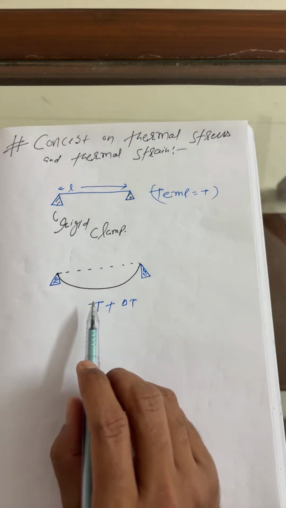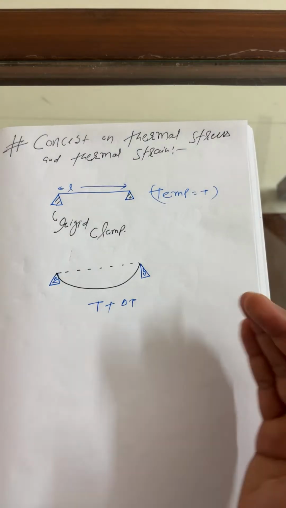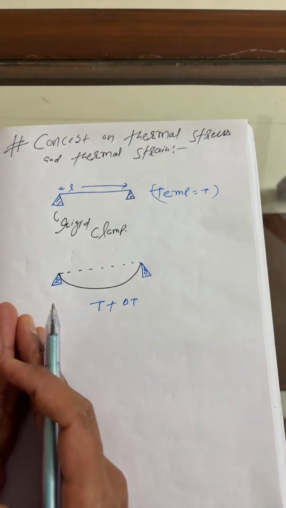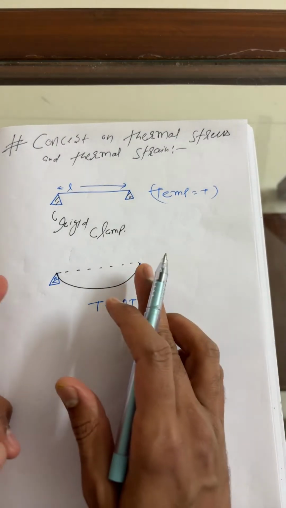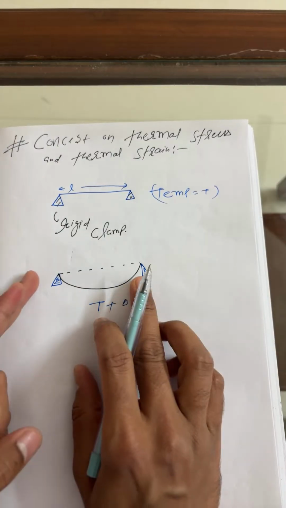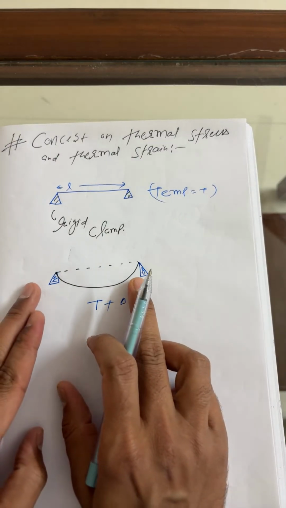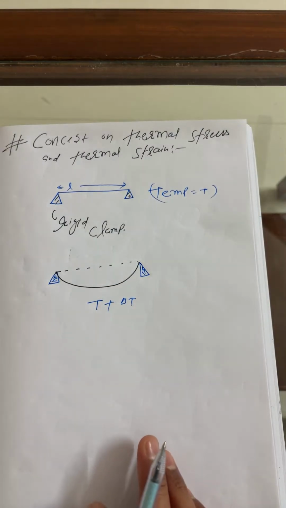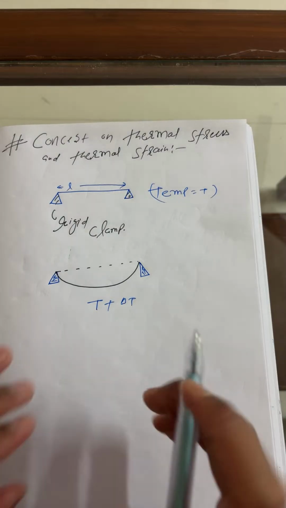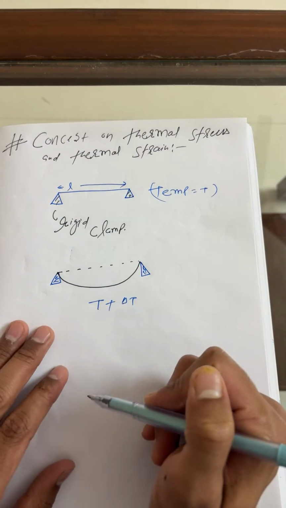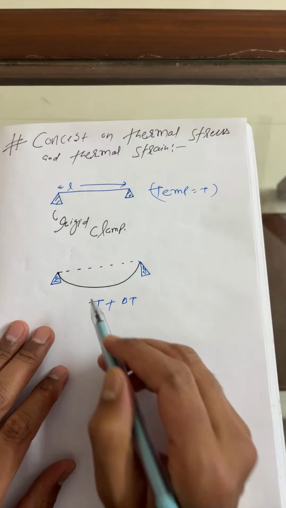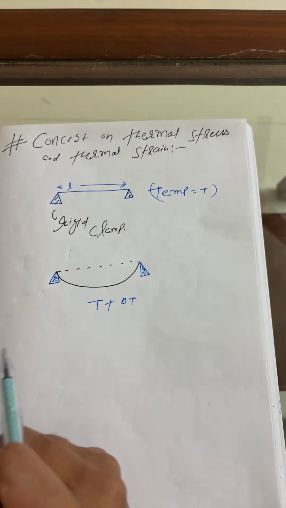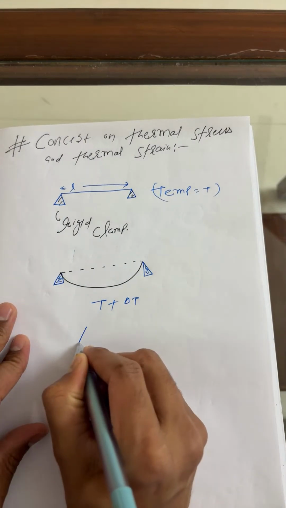If the temperature of the wire decreases, it will tend to contract, but due to the clamps at the ends, it will not be allowed to contract. So if due to a fall in temperature delta T a contraction would occur, what is the contraction you can write?